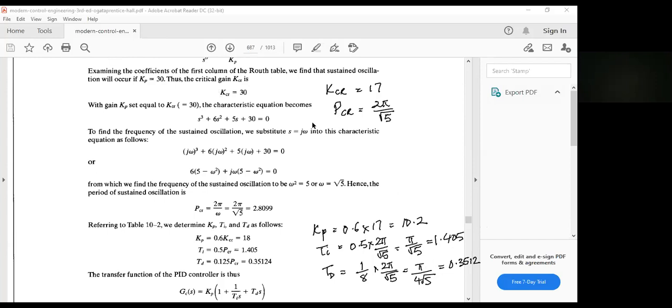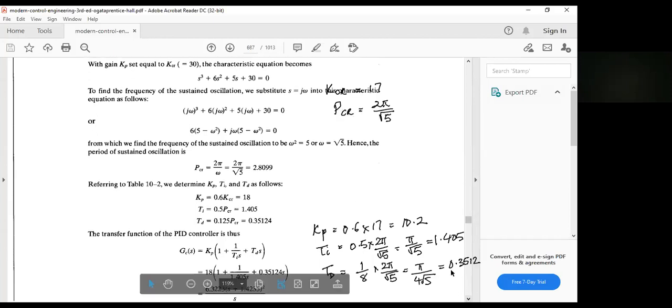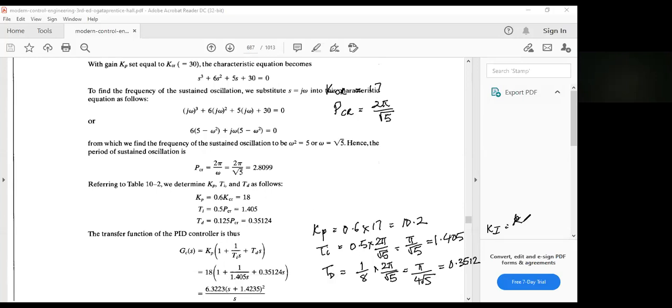So now we want Ki. We said that was Kp divided by Ti, which is equal to 10.2 over 1.405. That equals 7.26.